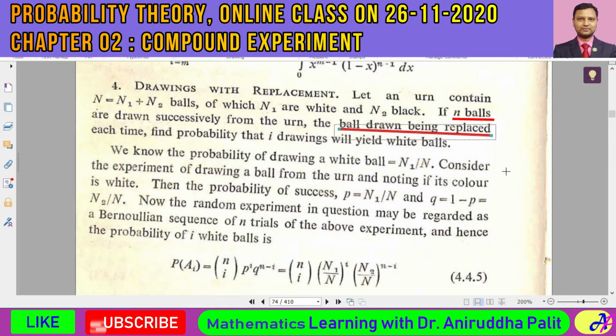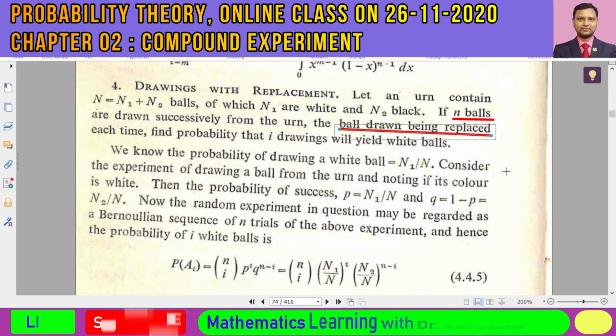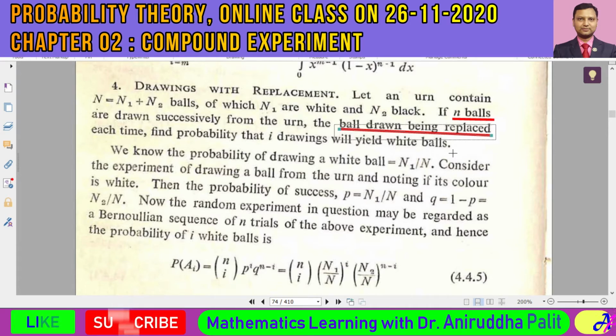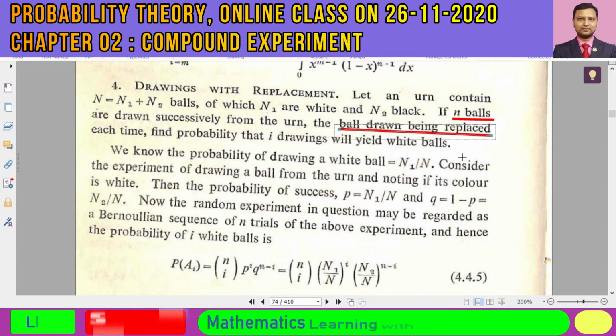Each time a ball is drawn, we observe whether it is white or black, and it is returned to the previous collection. So after observing the fact that whether the ball is white or black, it is again returned to the previous collection.